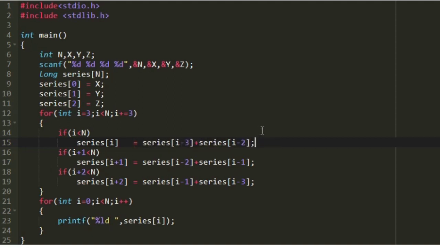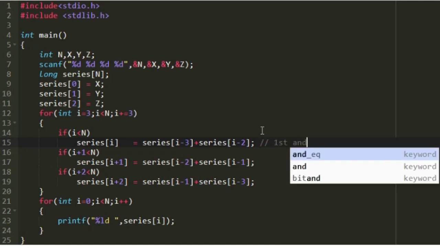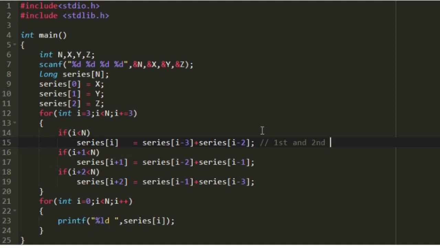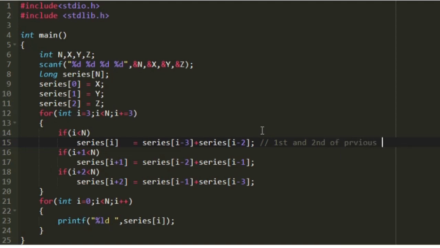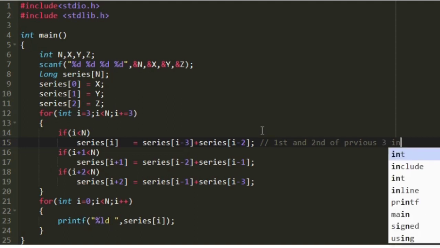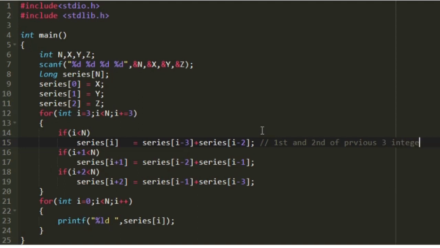So this series of i is the first integer of the next three integers, and this series of i minus 3 is the first integer of the previous three integers. So i minus 3 would be the first of the previous three integers, and series of i minus 2 would be the second of the previous three integers.